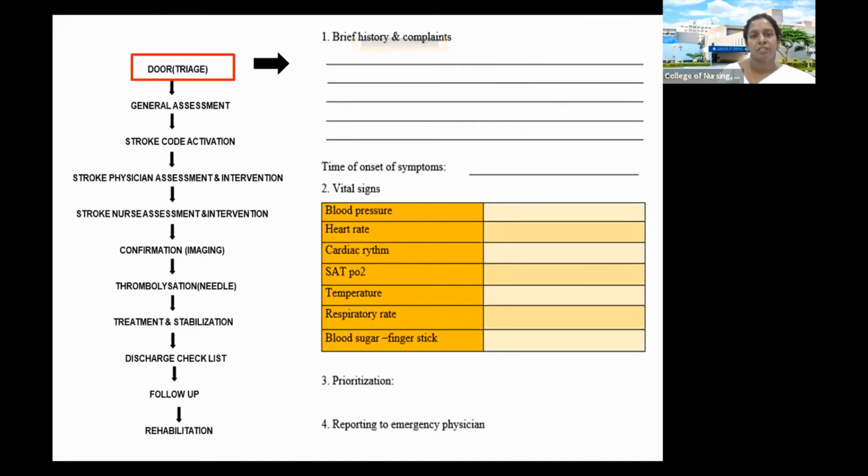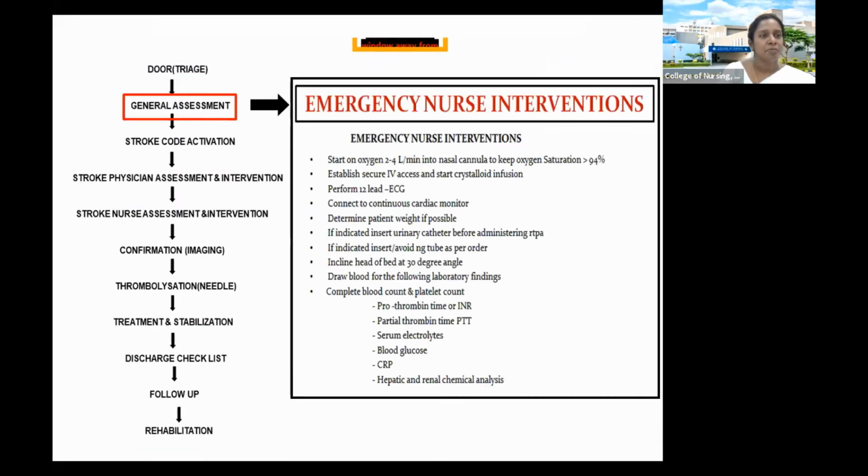If the triage staff identifies that the patient has a stroke, then they are prioritized and sent to the emergency physician. The second thing is a general assessment, which is done by the emergency department staff who are there. They start the patient on oxygen. Oxygen is only indicated if the patient's saturation is less than 94.